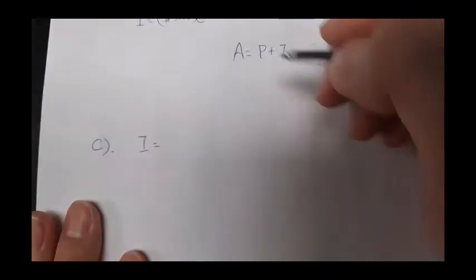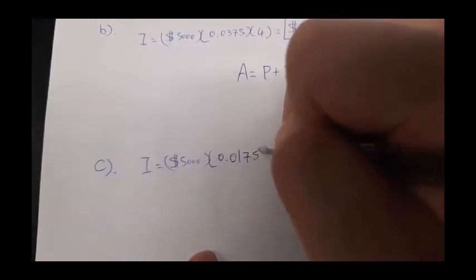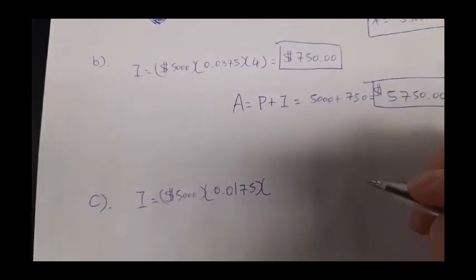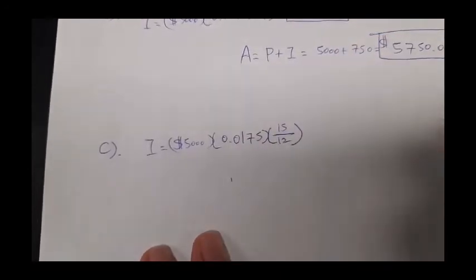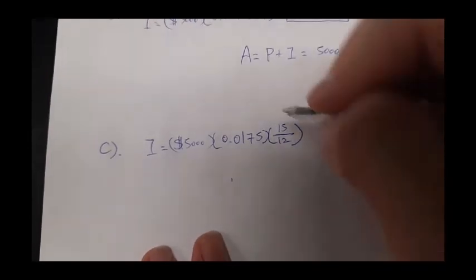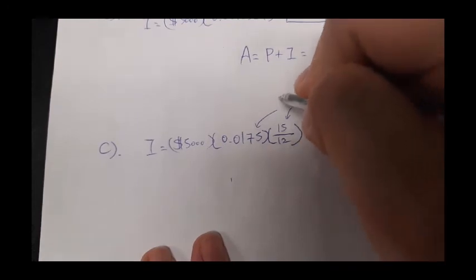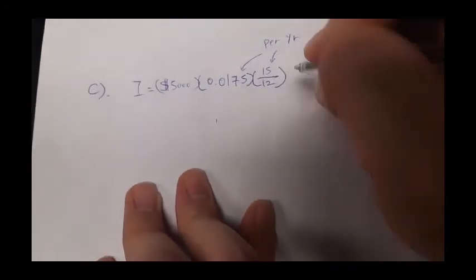When it comes to C, I is equal to, it says 1.75%, so 5,000 times 0.0175, and the term is 15 months. But like I said, the rate is per year, so you have to divide by 12, because 15 is in months.